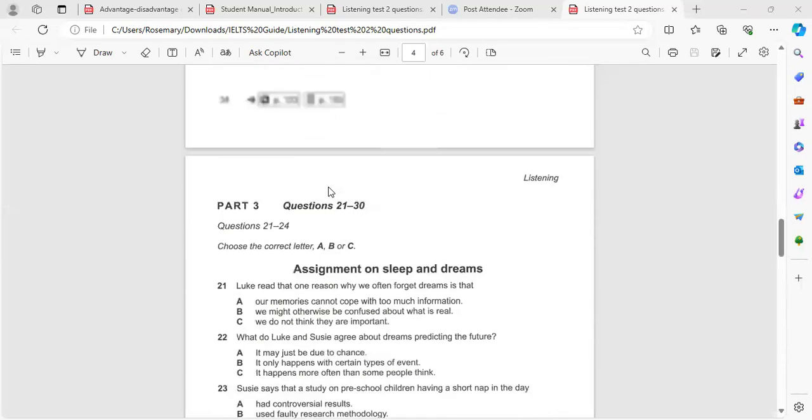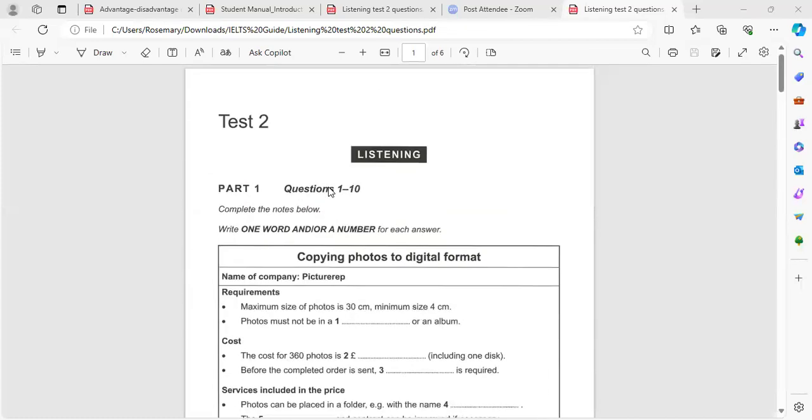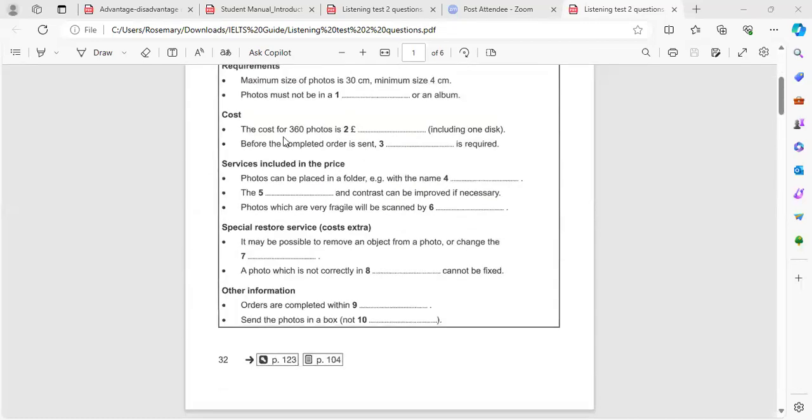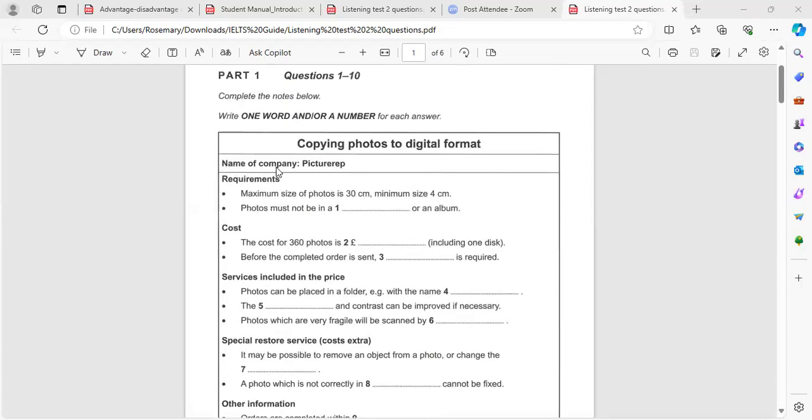Okay, let's take an example from here itself. Here the cost for 360 photos is, and you are given a pound symbol here to fill in the blanks. The numbers 1 to 6 are question numbers, so you don't misunderstand; they are not part of the question.